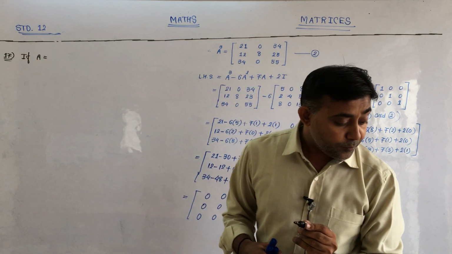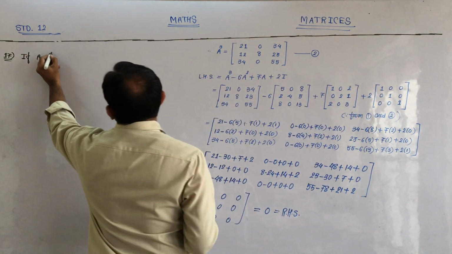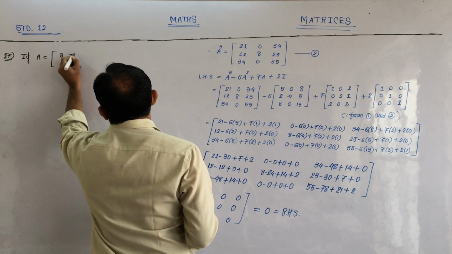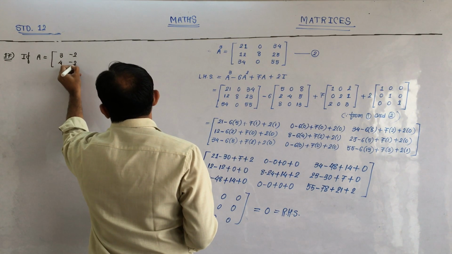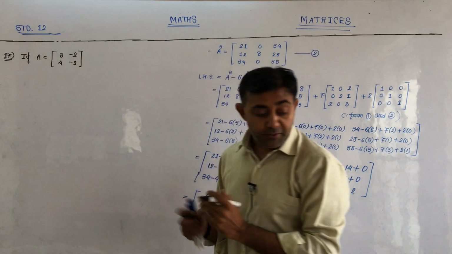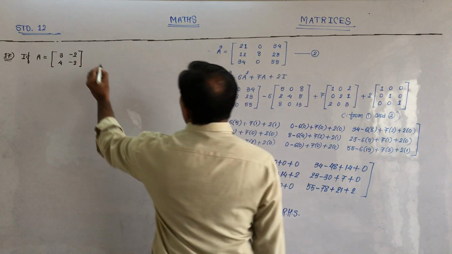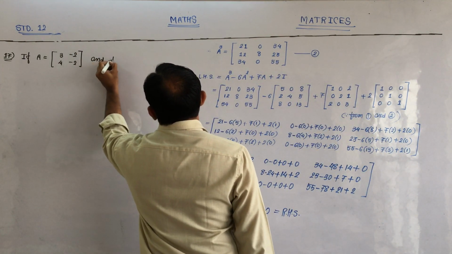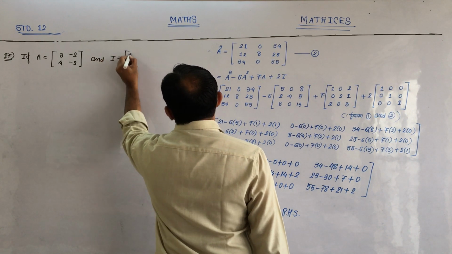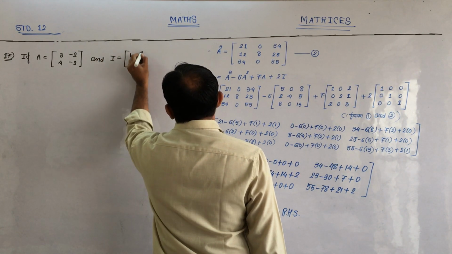Matrix A is 3 minus 2, 4 minus 2 again. 3 minus 2, 4 minus 2 is the given matrix A, and I is the unit matrix, we know very well. It means identity, given as 1 0 0 1.